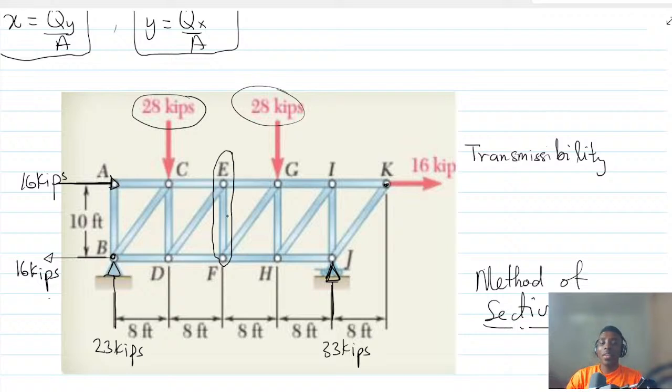Now that you have member EF, how can you cut 3 members such that it will pass through member EF? That's the question you want to ask yourself.